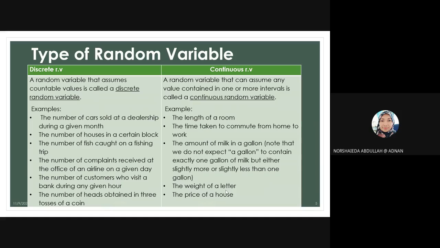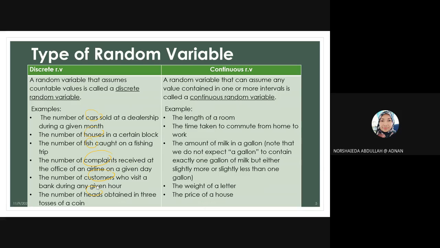So for example, discrete random variables: number of car, number of house. Kalau number of ni kita boleh kira lah: number of car, number of house, number of fish, number of complaints, number of customer, number of head obtained when we toss coins. So these are examples of discrete random variable.